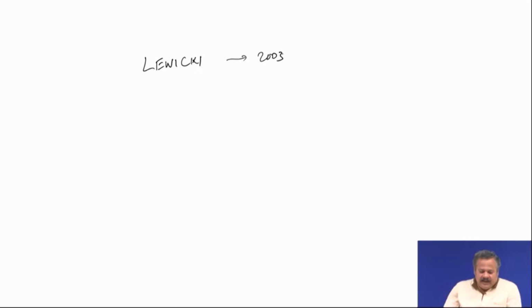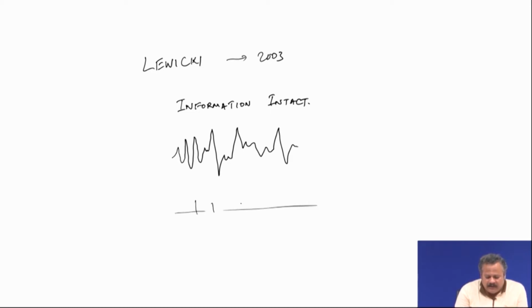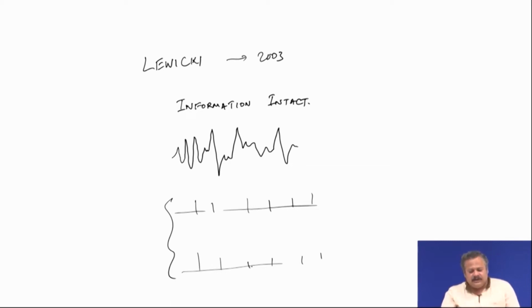So, as we have been saying here, what we mean by keeping information intact is, okay, if we have a sound waveform, let us say it is something like this, and we have spike trains in the neural system that we want to be studying, a number of spike trains across multiple neurons in response to that stimulus.